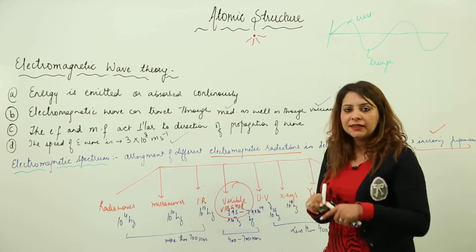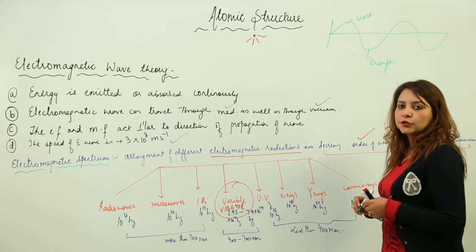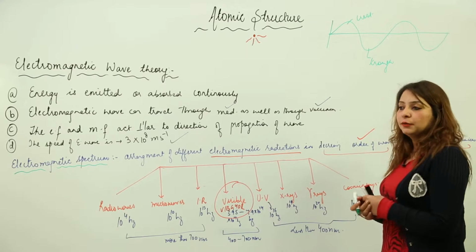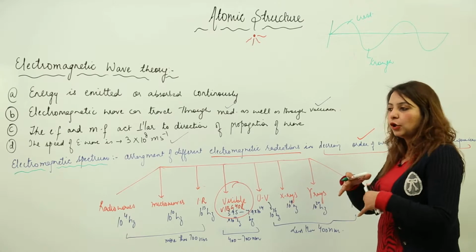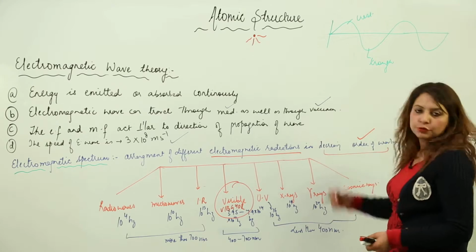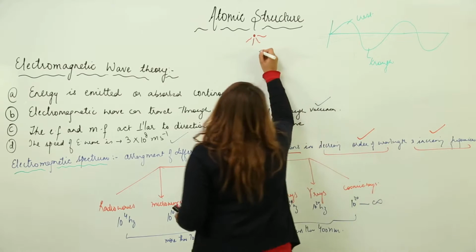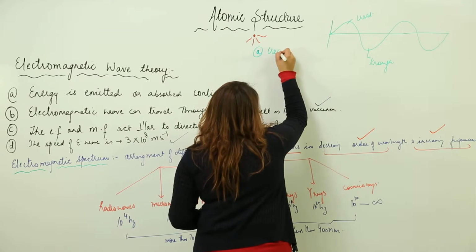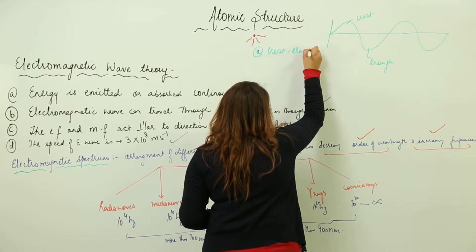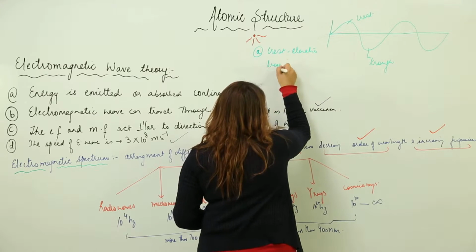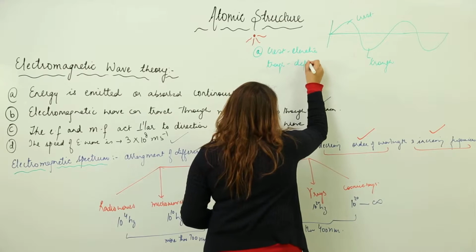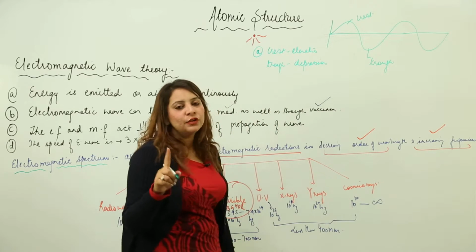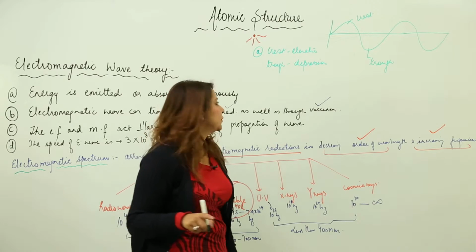You have studied these wave parameters in lower classes also, but to have a thorough knowledge, I am going to repeat it again. Crest is an elevation and trough is a depression. One electromagnetic wave consists of one crest and one trough.